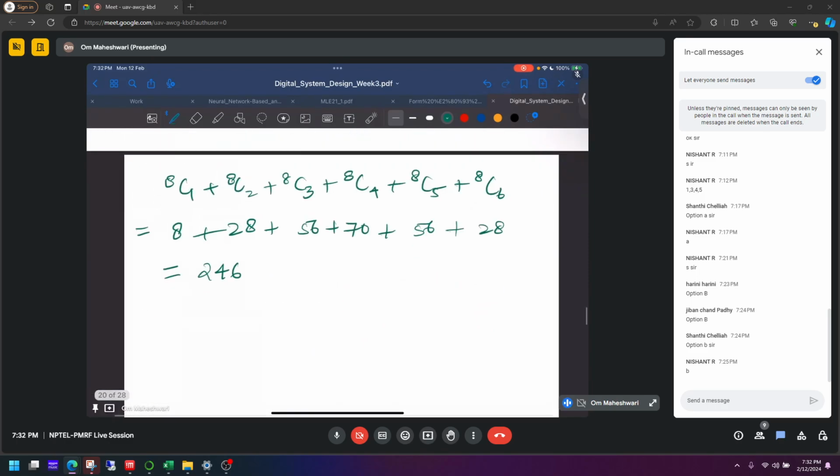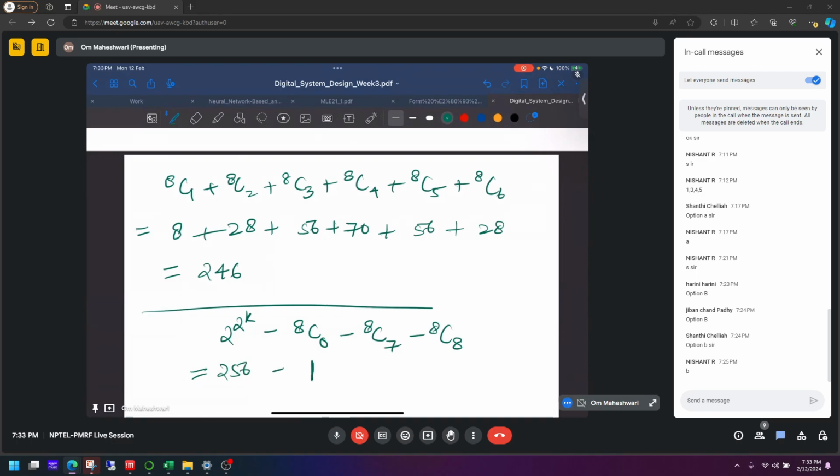Else if you want to solve it like 256, okay, let me write the formula again. 2 to the power 2 to the power k minus 8c0 minus 8c7 minus 8c8, which will be 256 minus 8c0, which is 1, this will be 8, and this will be again 1.